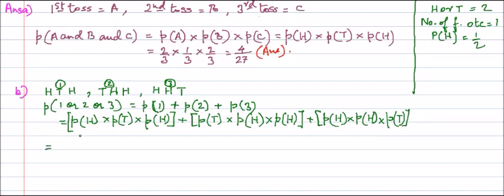So this is equal to, now let us put the values. PH is 2/3 into 1/3 into 2/3. Plus PT is 1/3 into PH is 2/3 into 2/3.